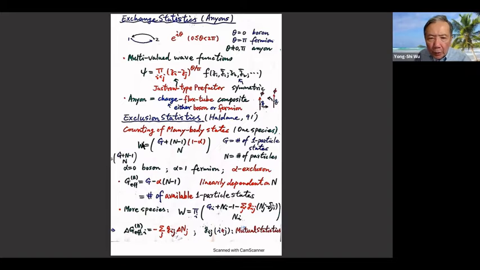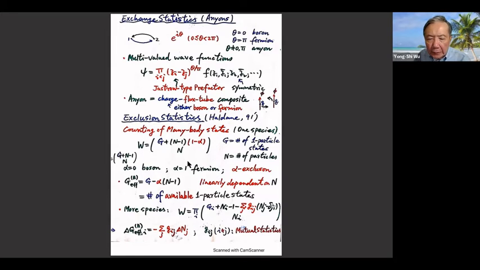We know that in the well-known Boltzmann formula, the entropy is equal to Boltzmann constant times log of W. Then W is the so-called statistical weight.